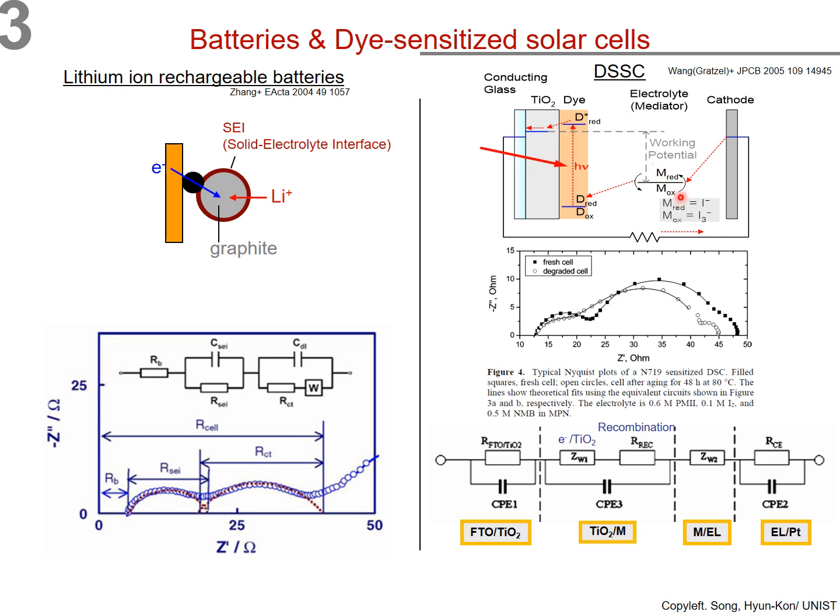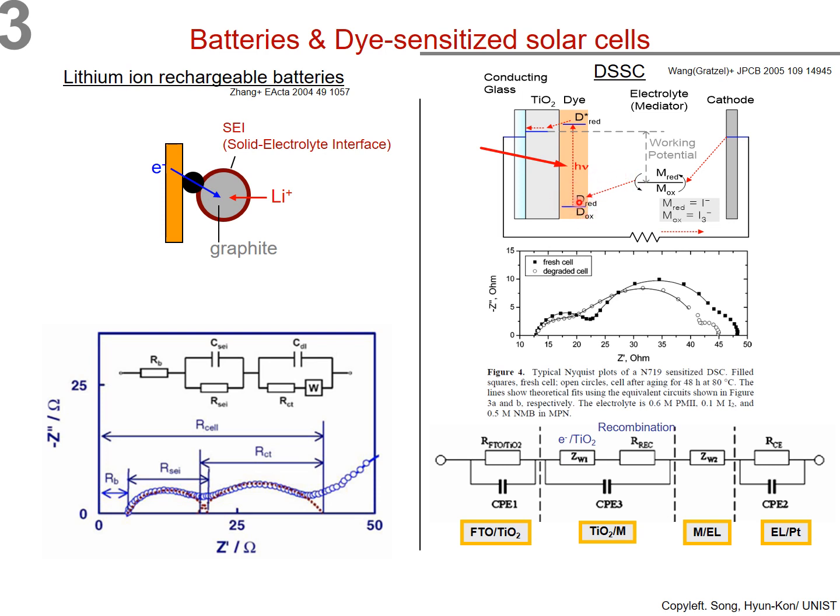So the oxidized mediator is reduced into the reduced mediator after getting the electron from the platinum electrode. Then this species dumps its own electron into the empty ground state of the dye.